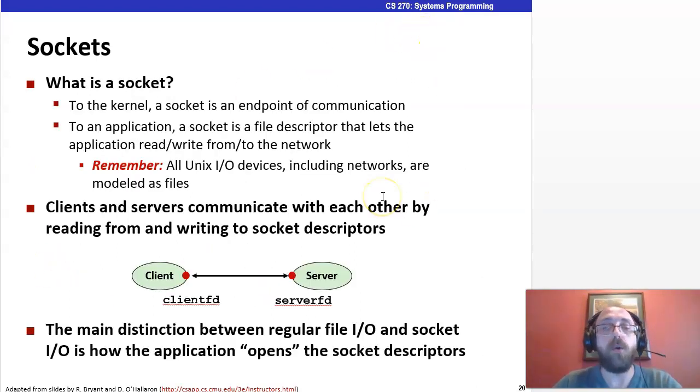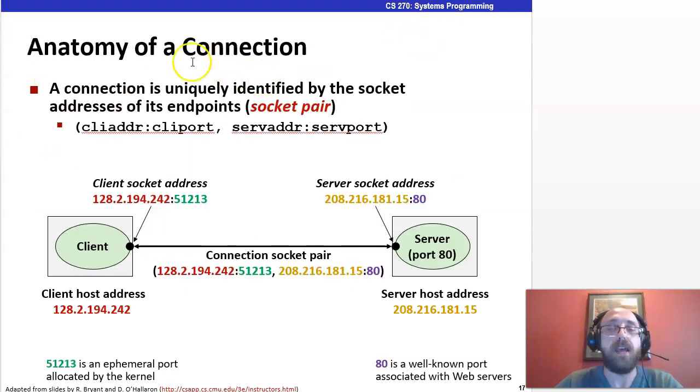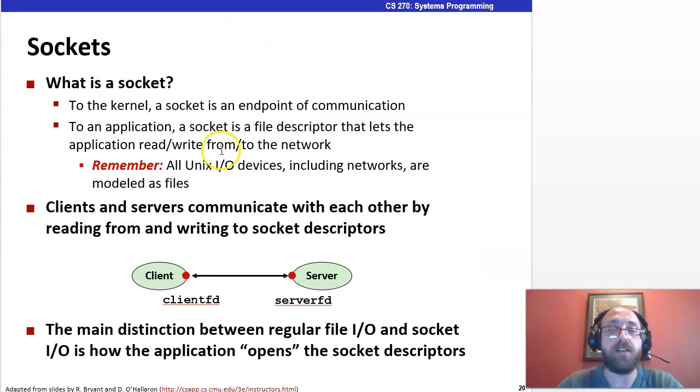All right, so what about a socket? We said that a connection is identified by socket addresses, but what is the socket itself? On your computer, a socket is the endpoint of a communication, and that's how the kernel thinks of it.